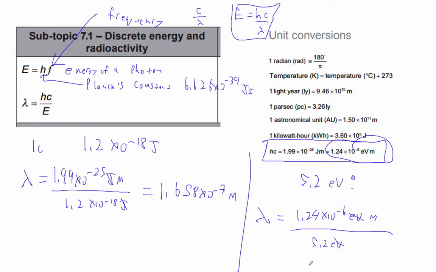So 1.24 E minus 6 divided by 5.2. This just makes it easier. So I get 2.38, this is like ultraviolet or something like that, times 10 to the minus 7. So that'd be 238 nanometers. Again, we couldn't see that, but there it is.